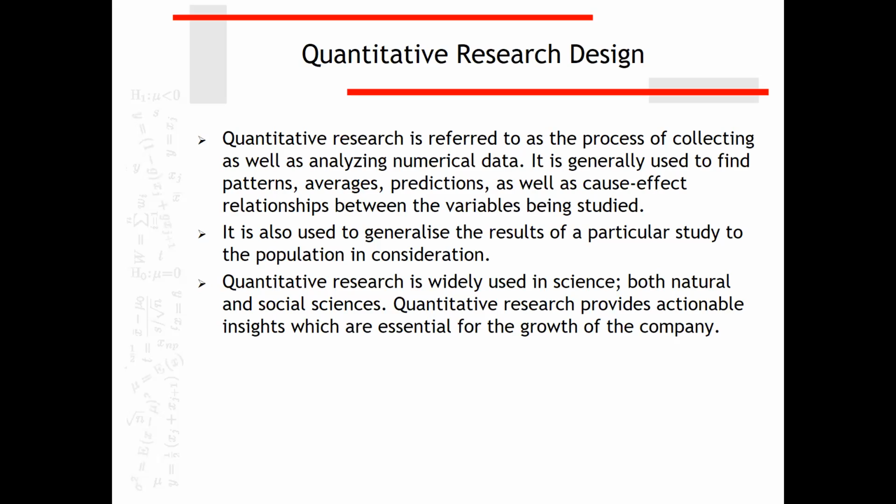One good example of a quantitative research design is the COVID numbers that were reported on a daily basis, in the first wave, the second wave, the third wave, right? They're all quantitative research in terms of the number of samples collected versus the number of positives found.